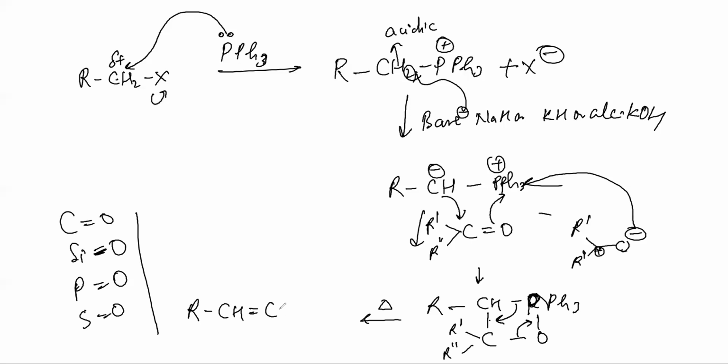Why did it happen? Because P double bond O is a strong bond and the molecule wants to keep the P double bond O. Please note this. This is the mechanism for the Wittig reaction.